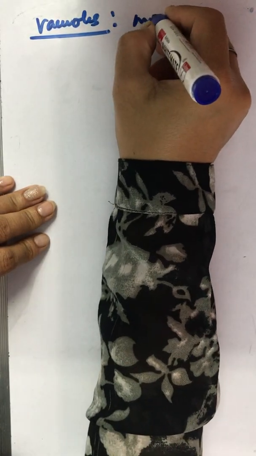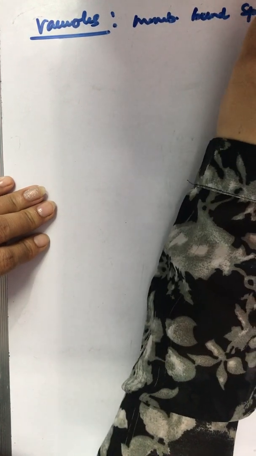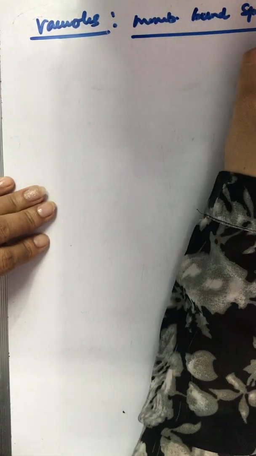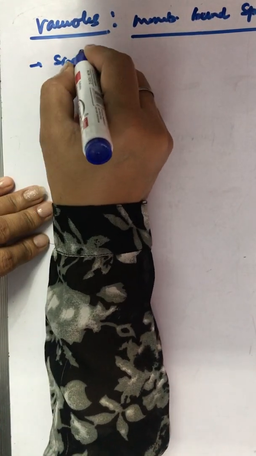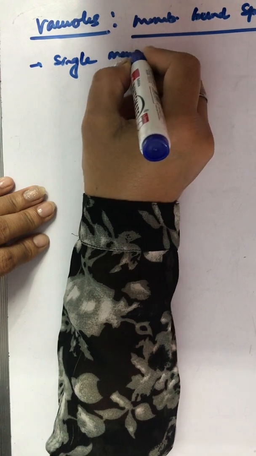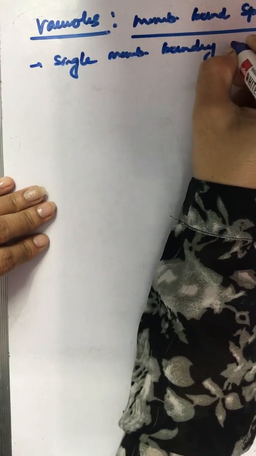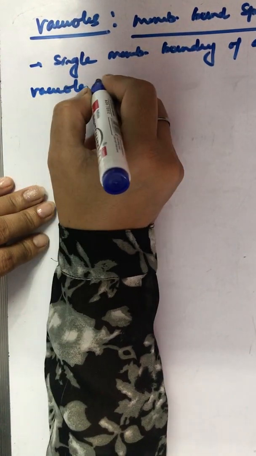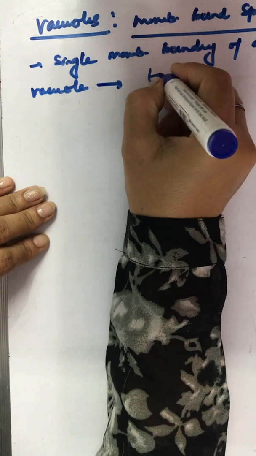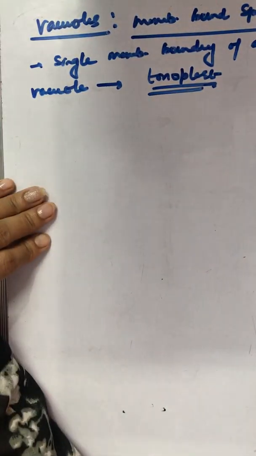Vacuoles are membrane bound space in the cytoplasm, and the single membrane boundary of a vacuole is called tonoplast.